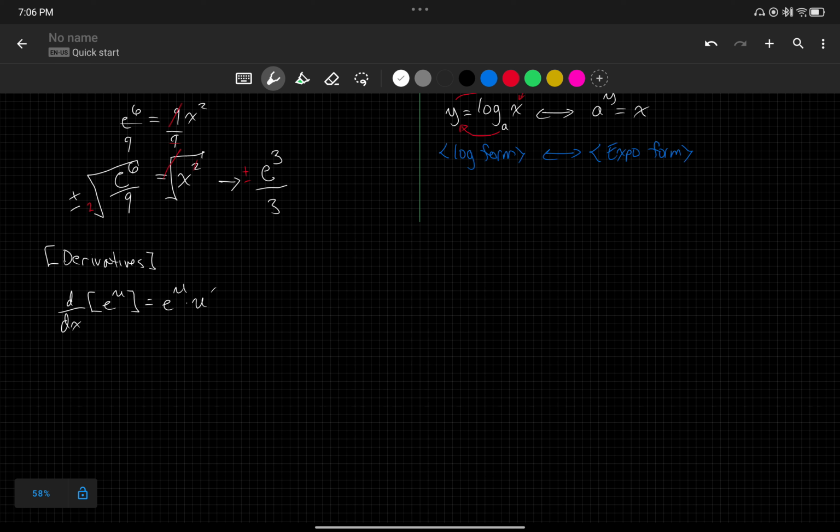And we also know ln. Derivative of ln, since e and ln are related to each other. They're cousins in a way. U prime over u. Okay, let's call it number 1.